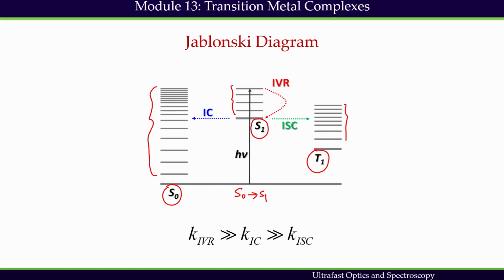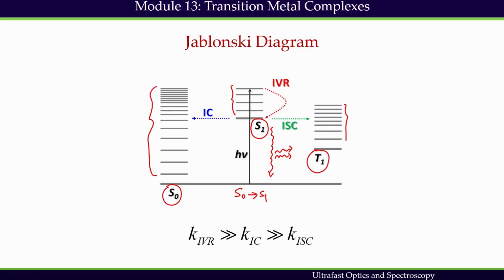S1 transition, this is a vertical transition. Following this transition, nuclear relaxation can lead to several radiative or non-radiative pathways. Radiative processes involve fluorescence, which means I can have a return from S1 to S0 by incoherent emission, and that is fluorescence.